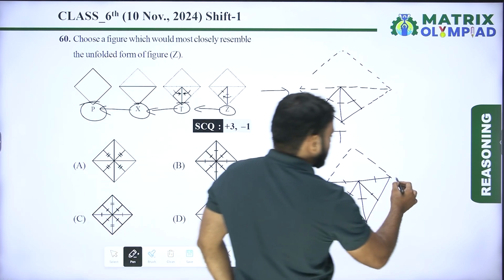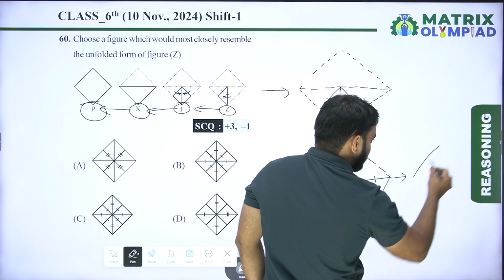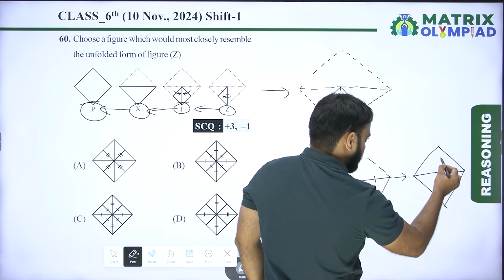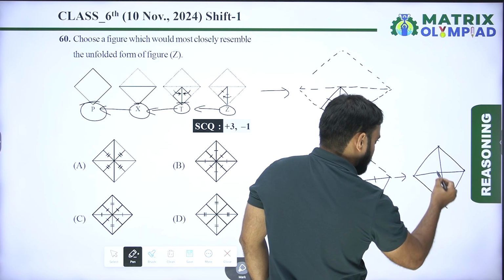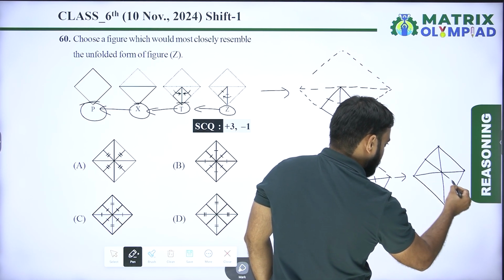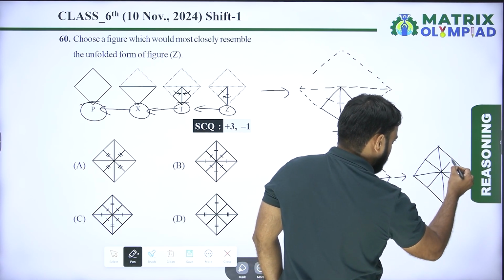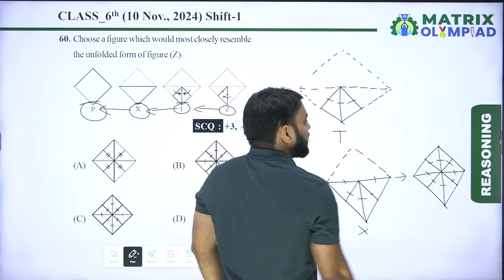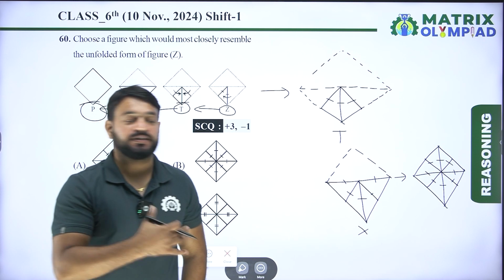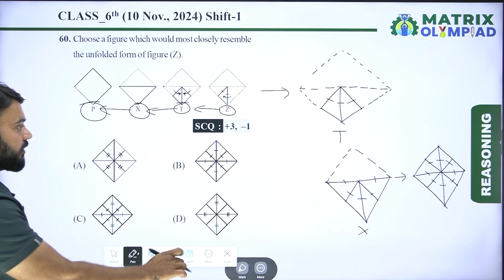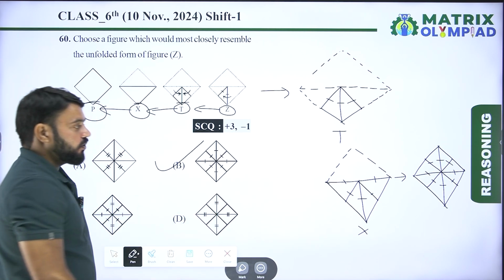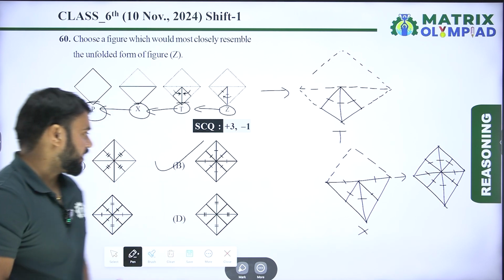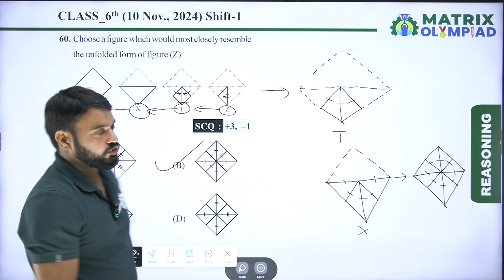So now unfold the X, then we get an image like this. This is the correct unfolded sheet after cutting. So here option B is the correct answer of this question, because option B shows the correct unfolded sheet.